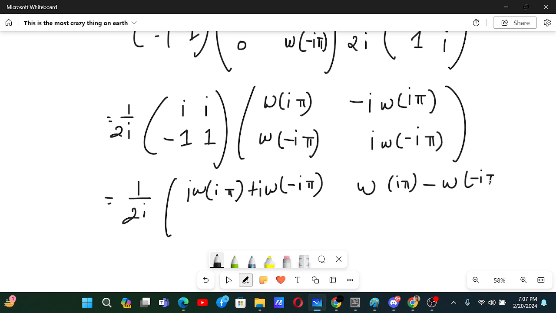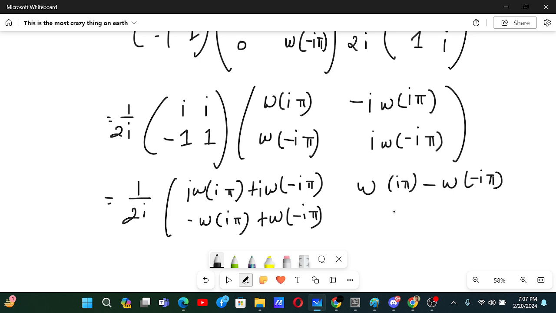Now when we do this, we have minus Lambert W of i pi, and then plus Lambert W of minus i pi.